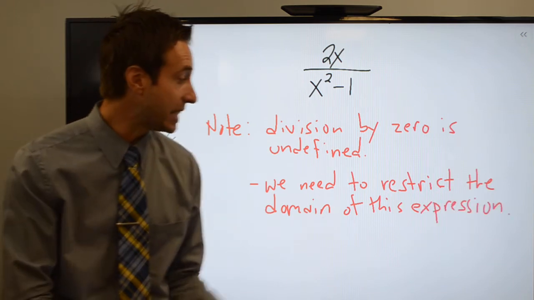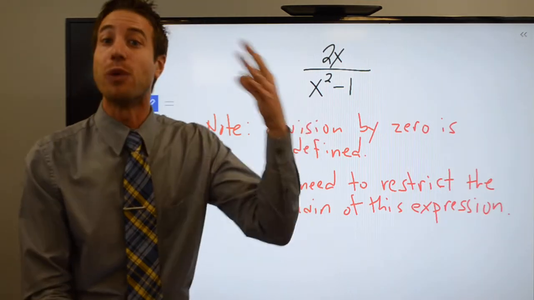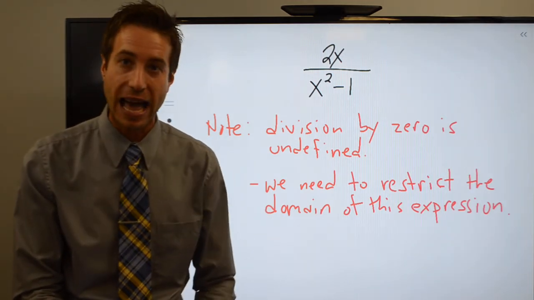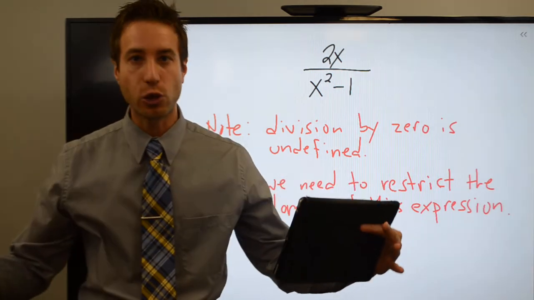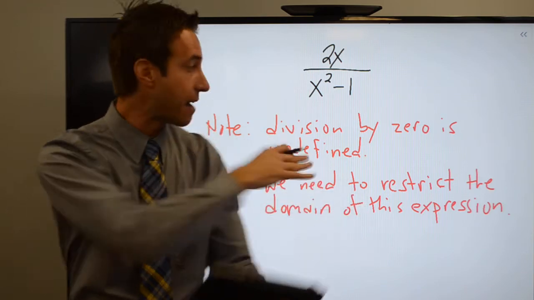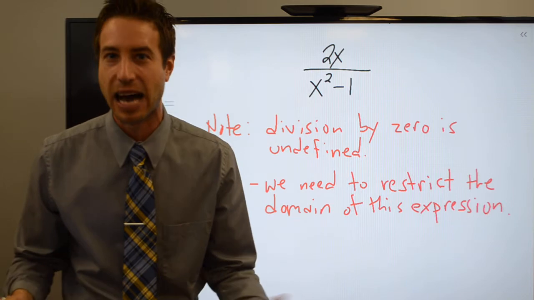And again, the reason we need to restrict the domain is because there are values of x that will give me 0 in the denominator, and that is not allowed. So I have to tell you, hey, you can pick any value of x you want to except these, whatever they are, because they give you division by 0, and that's not okay.